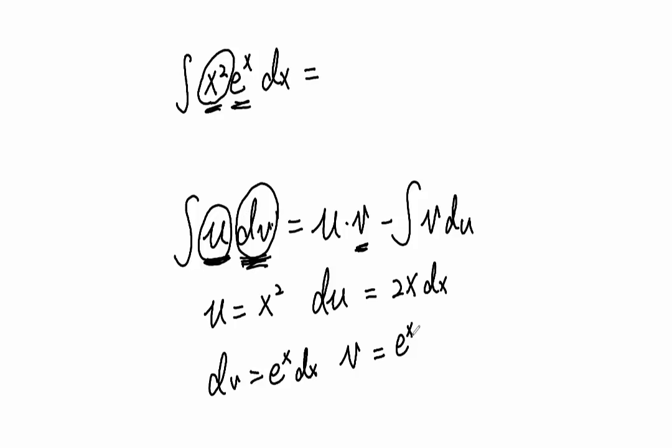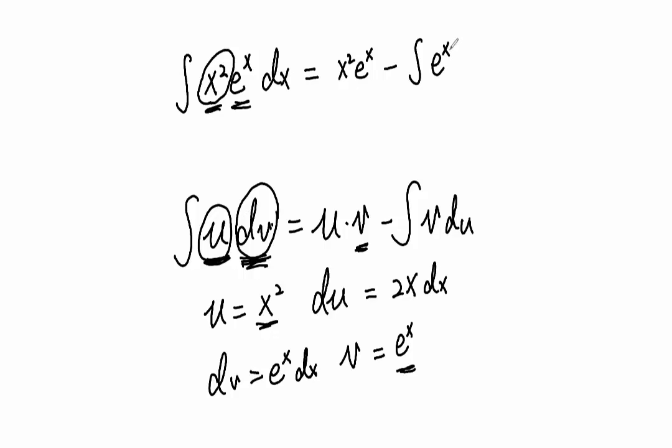We have our u, we have our v, we have du, and now I have everything. So we're going to substitute uv, that's going to be x squared e to the x, subtract the integral of v, which is e to the x.